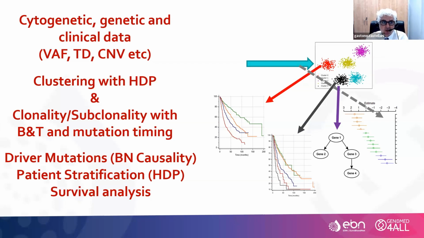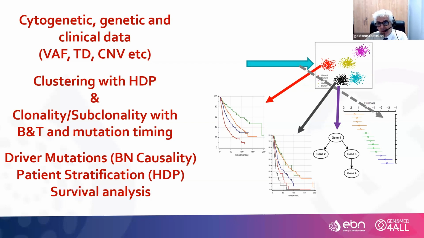And of course, we have also clinical variables. A similar approach can be used for multiple myeloma, and in this case we have to use copy number variation. Basically, some region in the genome can be amplified, or we can have a deletion of some region.